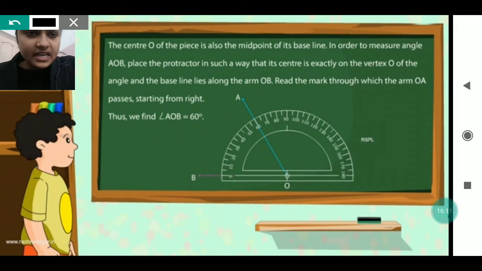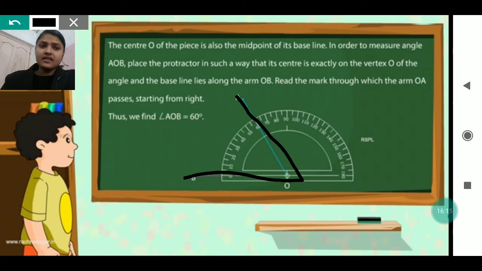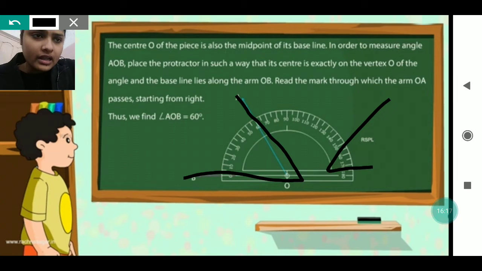Some angles are drawn like this. We just have to keep the center of the protractor on the vertex, and then we can see till where the arms are lying, and that will tell you the measurement of that particular angle.